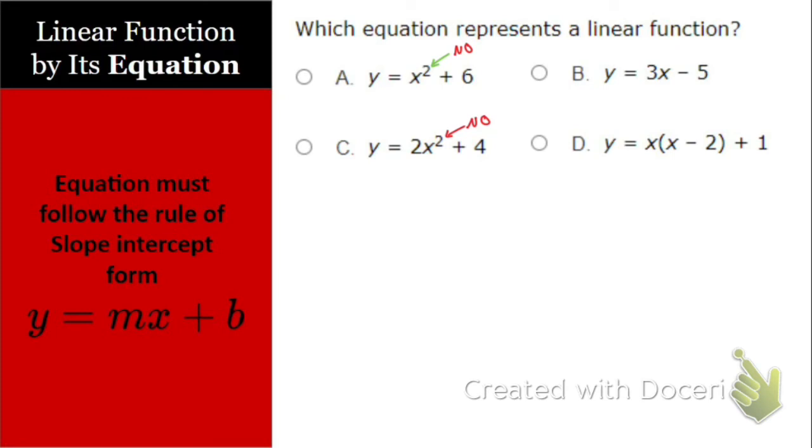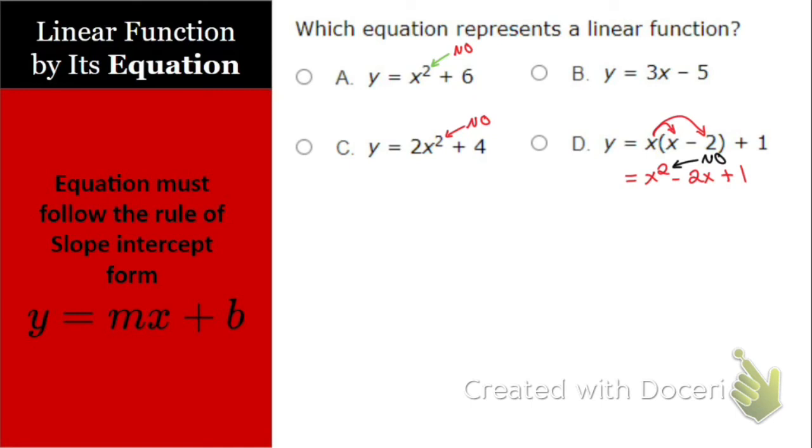So in some of these equations you might have to do some modifications, but if you modify it correctly, you'll know whether it's going to be right or wrong. So if I distribute that, that's going to give me x squared minus 2x plus 1. What we automatically should see is that's going to be a no because of that exponent. So that's not a linear function.